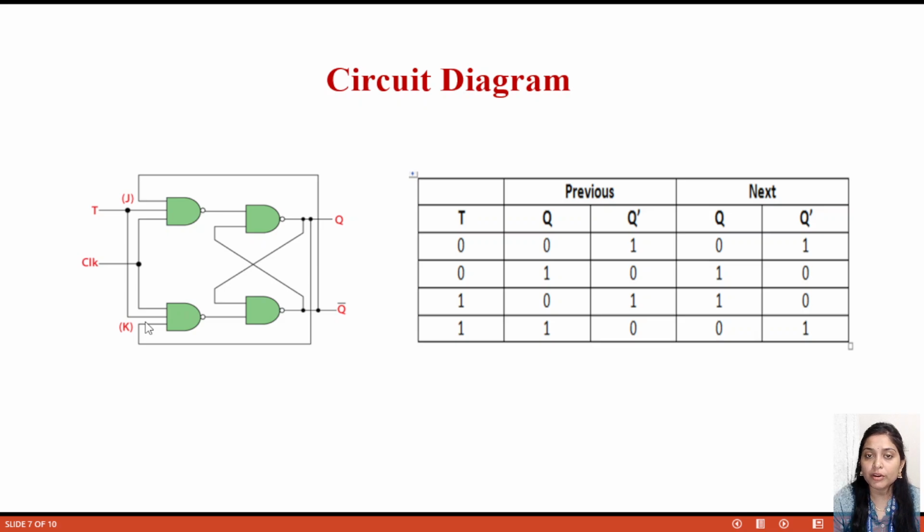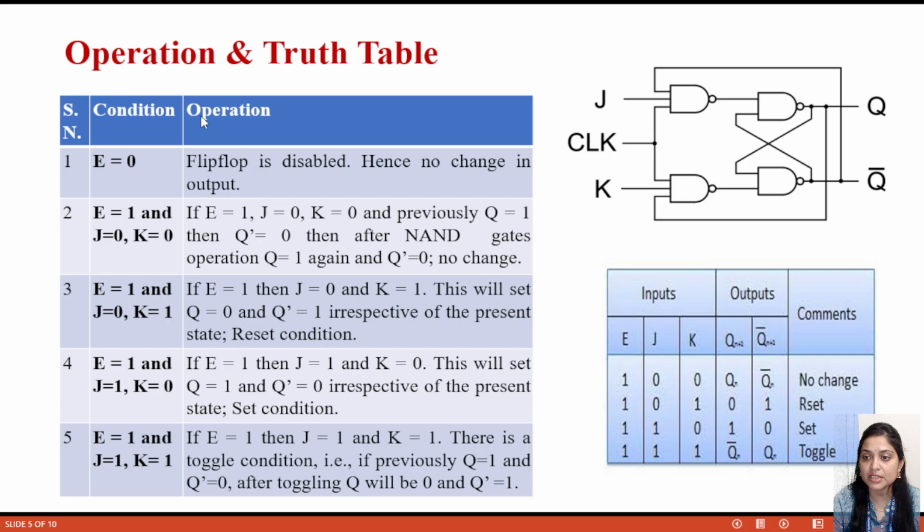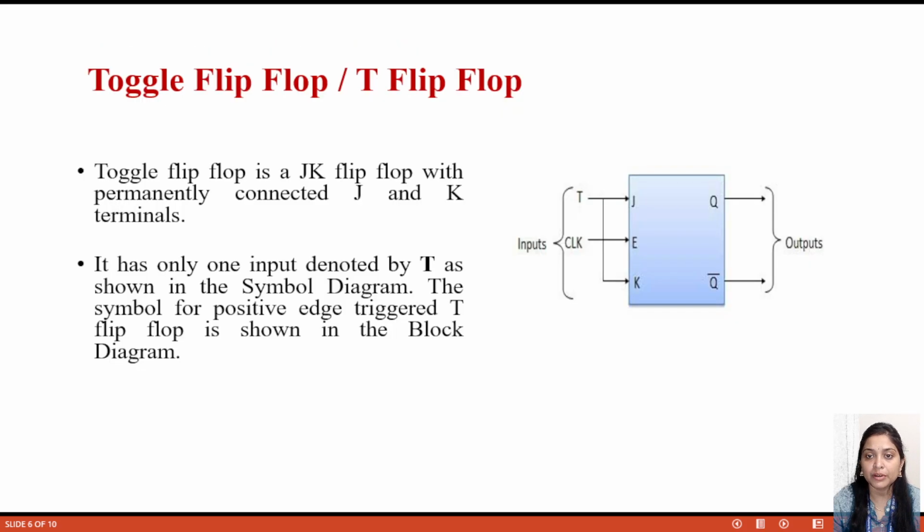So what will happen if I give 0? Then both J and K will be 0 0. According to the JK flip-flop principle, in the 0 0 condition the output will be no change. Whatever the previous output, the same output will come next also.